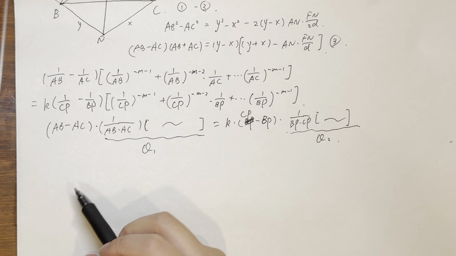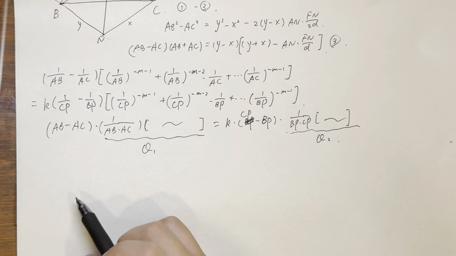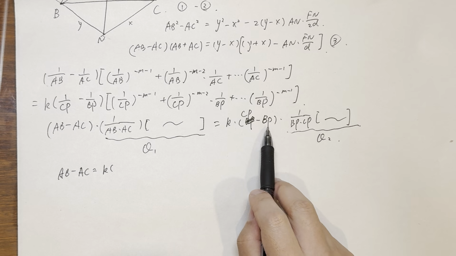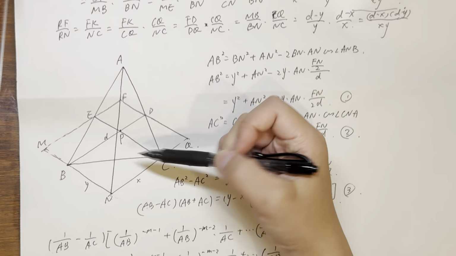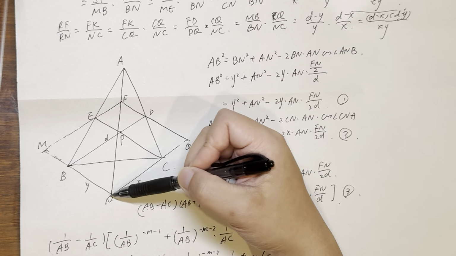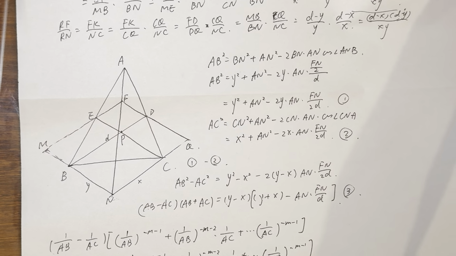For the equation we already have, we can rewrite this one. So we have AB minus AC equals K times CP minus BP, which is y minus x, right?